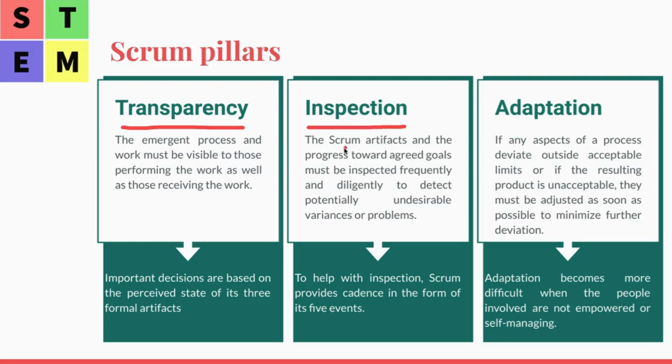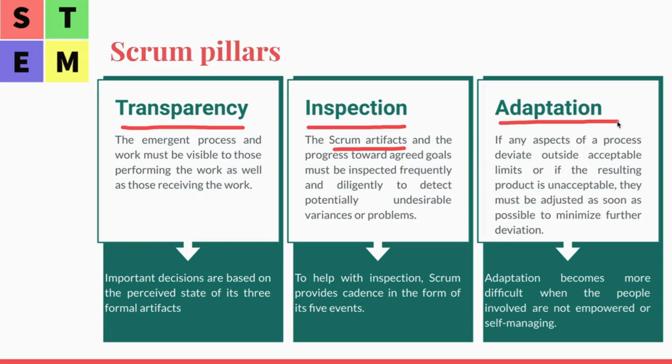The Scrum artifacts, which we're going to talk about later, and the progress towards agreed goals must be inspected frequently and diligently to detect potential undesirable variances or problems. So we inspect our outputs and our process all the time so that we can adjust.